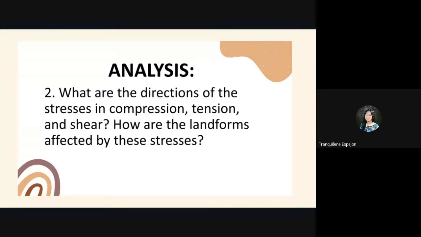On the tension stress, the direction of the stress on the plates is away from each other, and the landforms that may be formed by tension stress are valleys, like those with rivers in the middle. And for shear, the direction of shear stress is like it is being torn. So it goes forward, backward, or left and right, because it is being torn. The possible landform that could form here is volcanoes.